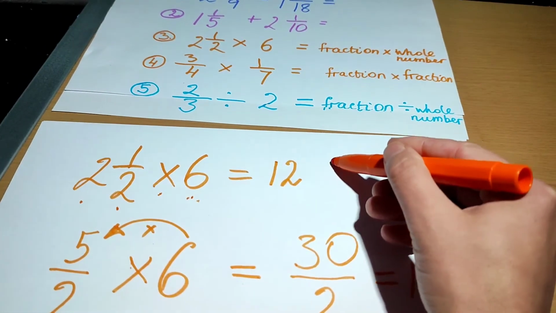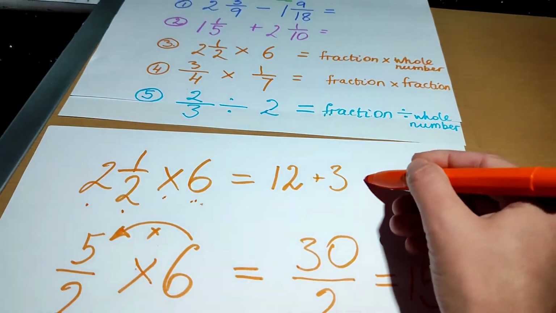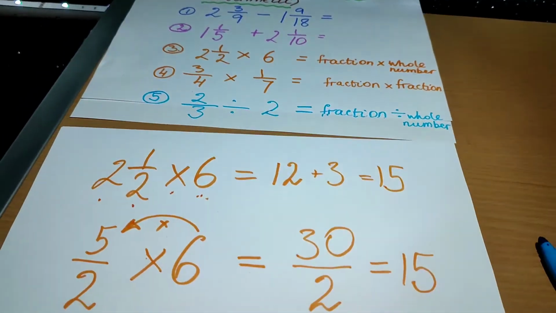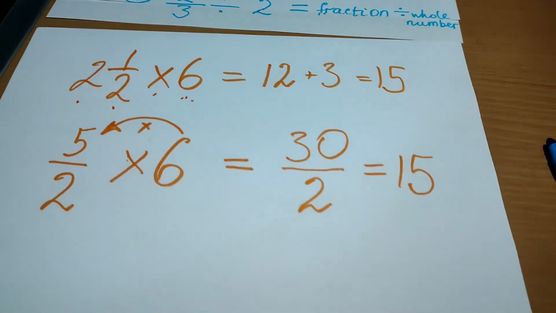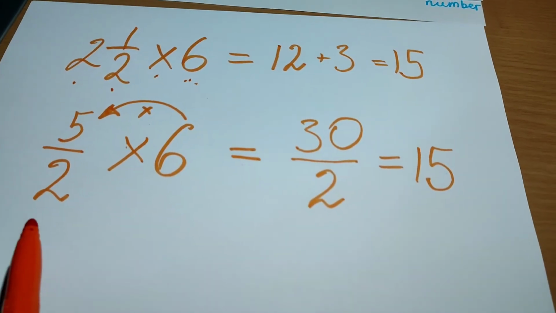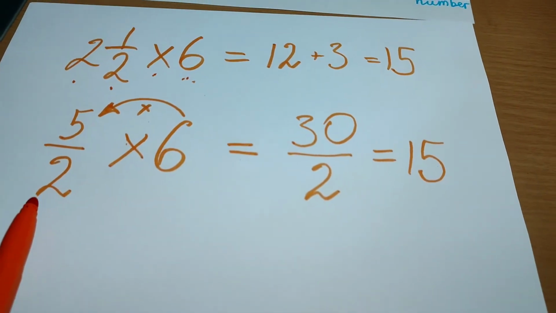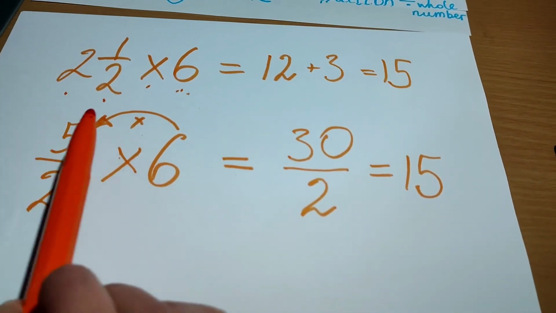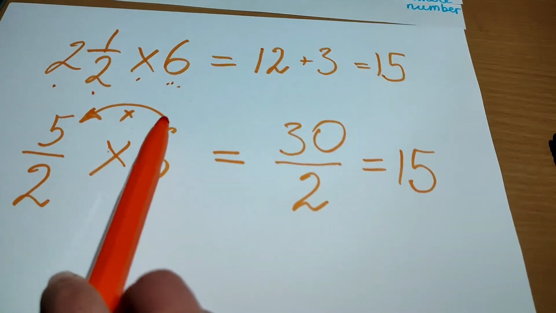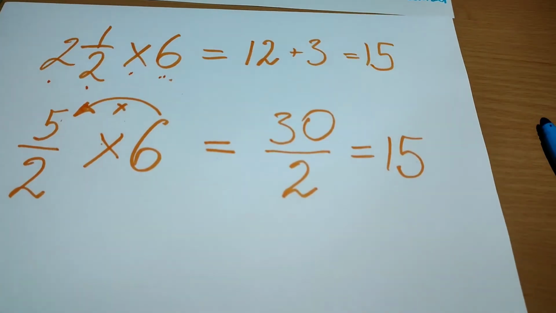So you need to put 3 there as well. So what's that going to be? 15. But do it whichever way is easier for you. If you want, just turn your mixed number into improper fraction. And then we know the rule. Fraction times the whole number. We are just timesing the top.